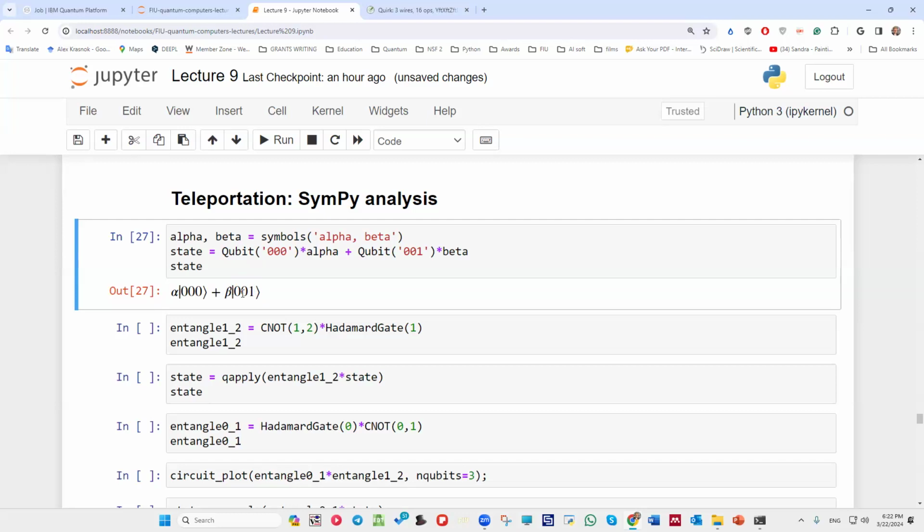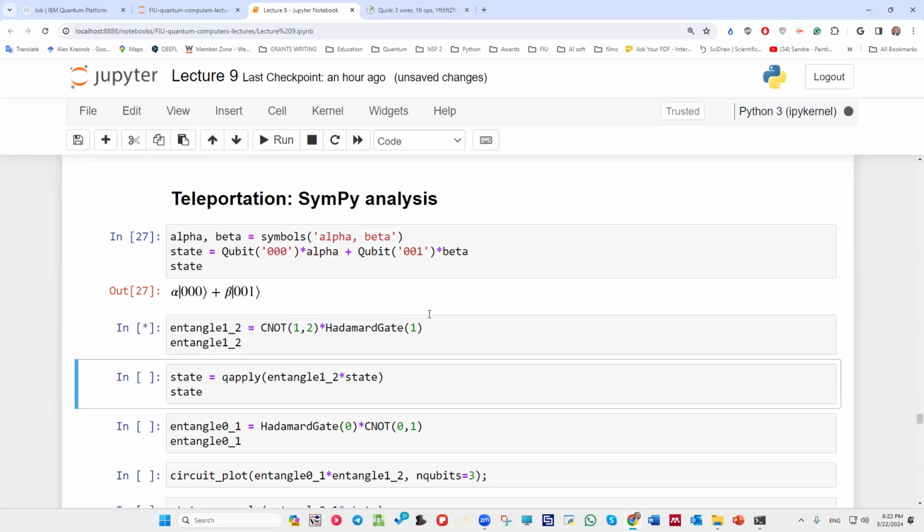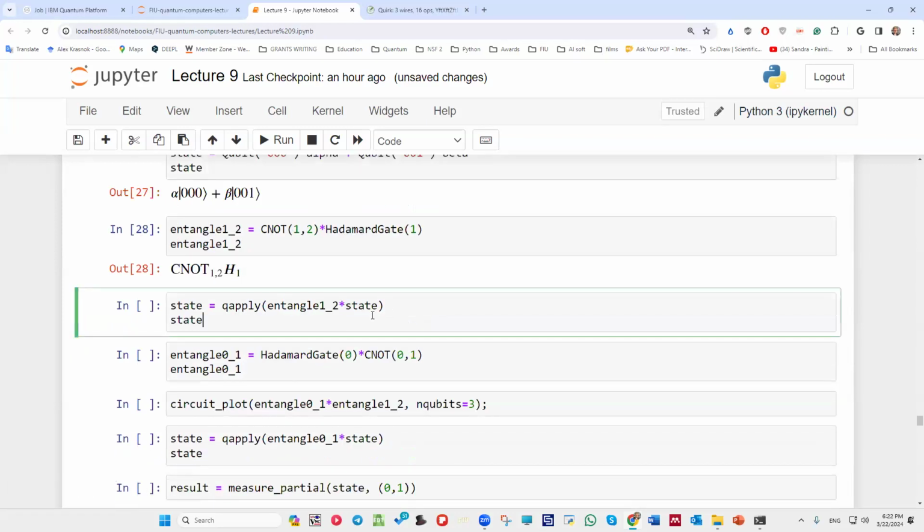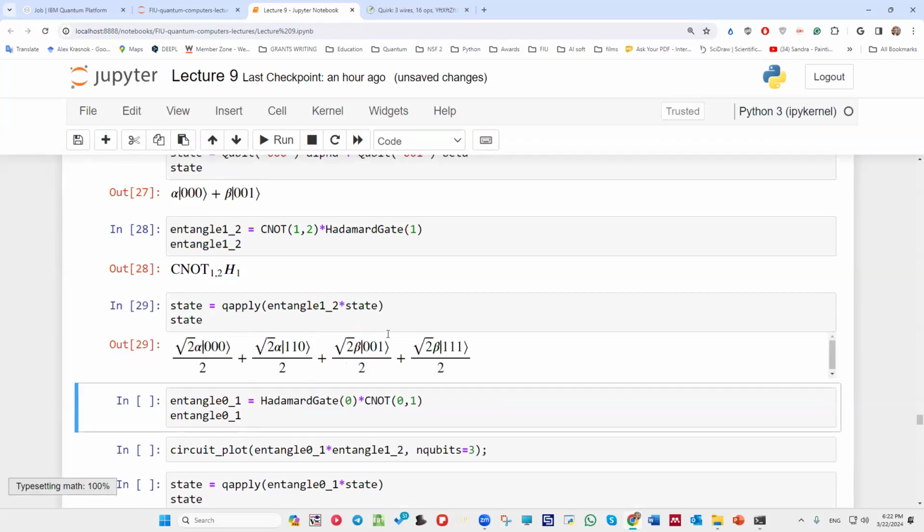This is the first one. The second qubit at Alice's side is in the 0 state, and Bob gets another qubit in the 0 state. Next, they entangle the second and third qubit, and this is the result of this entanglement.